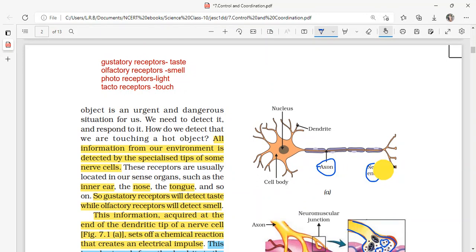This is the nerve ending, and the sheath-like structure you see on the axon is called the myelin sheath. The myelin sheath helps in the fast conduction of the electrical impulse through the axon, and the spaces between the myelin sheaths are called nodes of Ranvier.